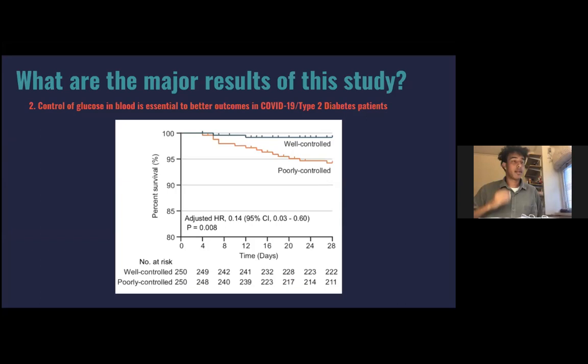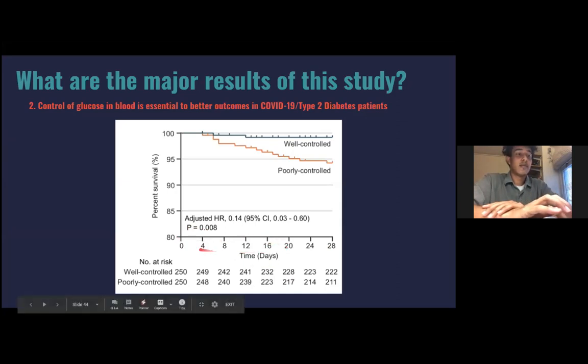So what this graph is showing is the percent survival rates for the well-controlled cohort patients, as well as the poorly controlled cohort patients. First, to explain the graph, on the x-axis is given time in days, from day 0 to day 28. And then on the y-axis is given the percent survival, and these numbers are in percents. So it starts from 100% and it goes to 80%.